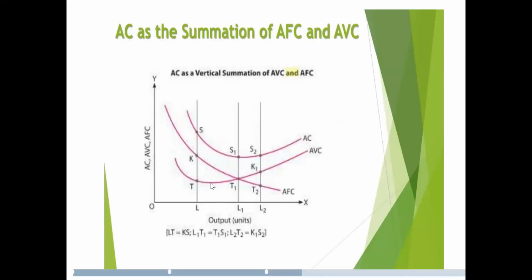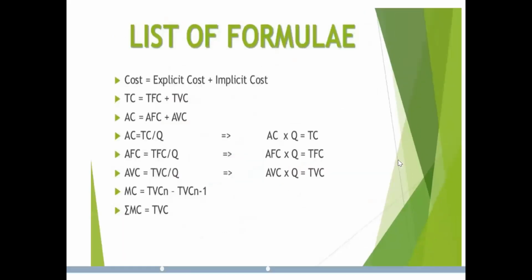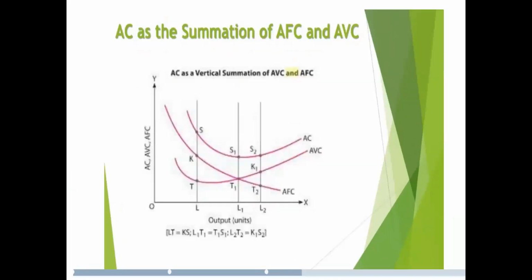But the other two curves decrease up to some extent and reach the minimum point, then again tend to increase, right? The short run average cost curves therefore take a U shape. So what is the reason for that?